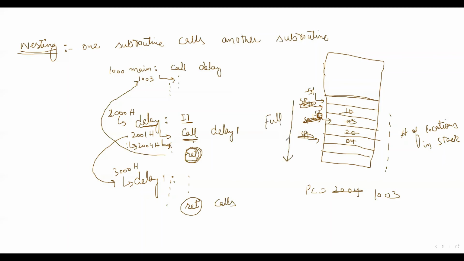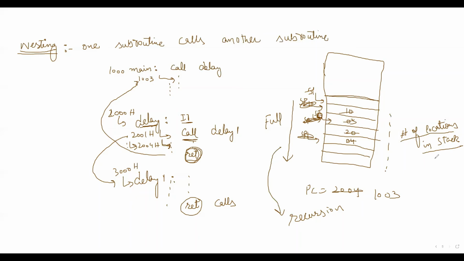Then after that, we won't be able to push more data onto the stack, or we won't be able to perform more call operations. Okay, so that is also one of the disadvantages of recursion. Recursion means when a function is calling itself repeatedly. It will lead to stack full. So the number of nestings is limited by the number of locations in the stack.